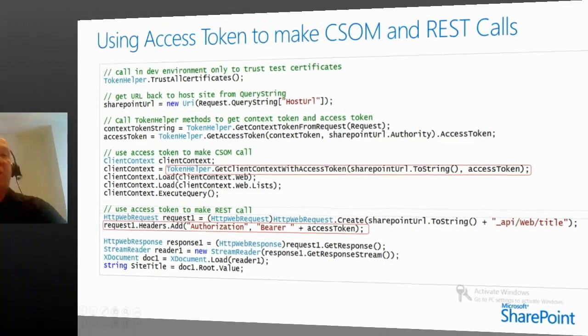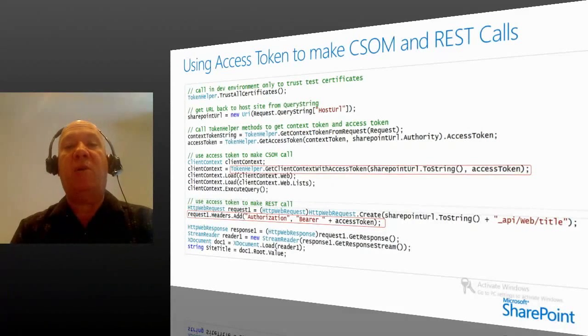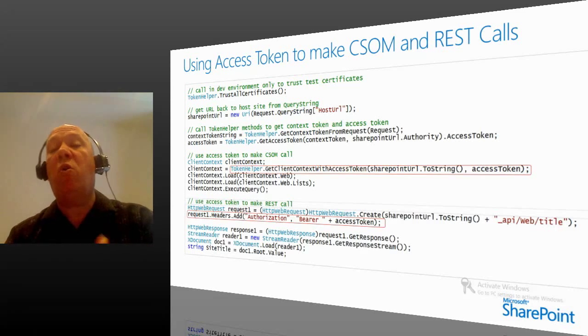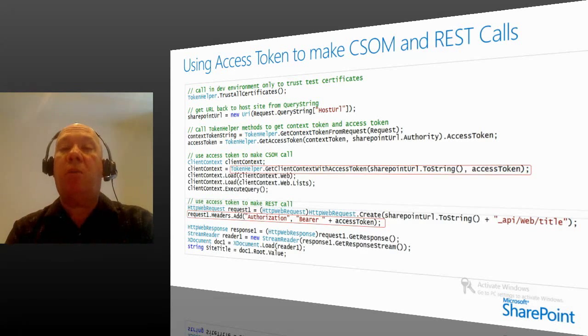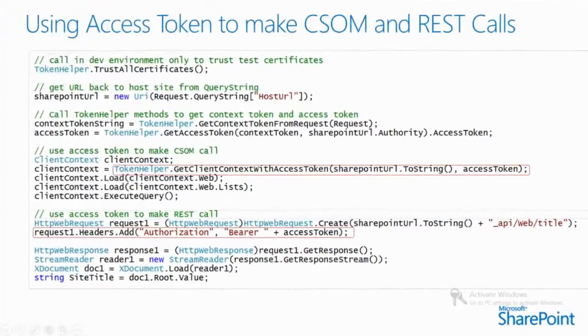What happens is that the token helper now builds up an HTTP request mechanism that will automatically put the appropriate stuff, the access token, onto the request, so that when I make a typical CSOM call, that access token is included and I will be granted the access that I need. And you actually can see that down here. I go load web, list, execute query, and all of that functionality gets pushed up.